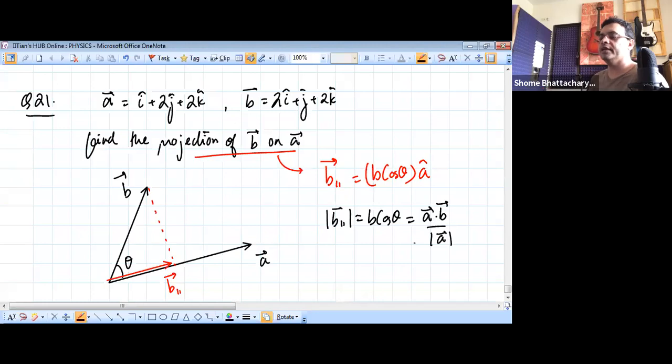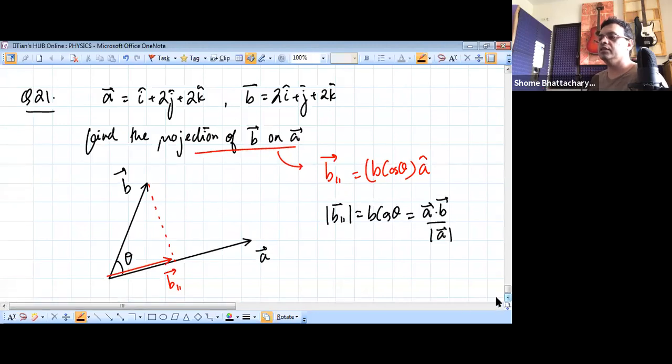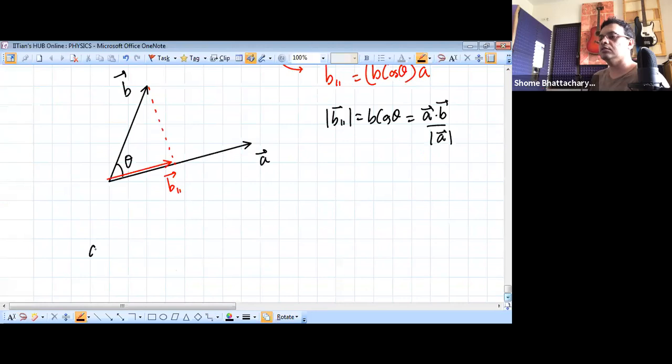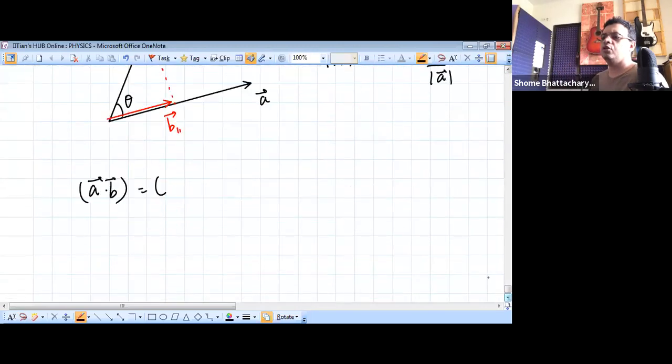So going back to the two vectors that we had earlier, we can see what A dot B is. A dot B is the dot product of i cap plus 2j cap plus 2k cap, with B, which was 2i cap plus j cap plus 2k cap.